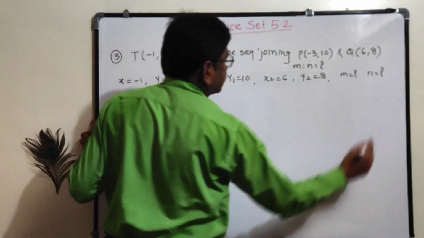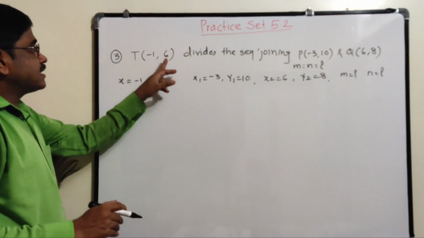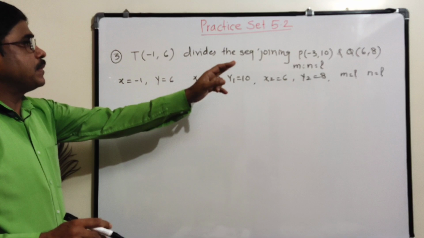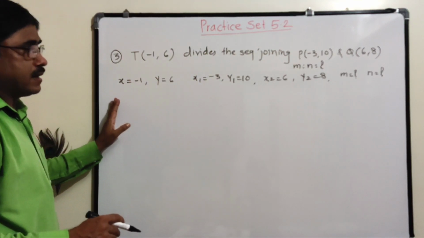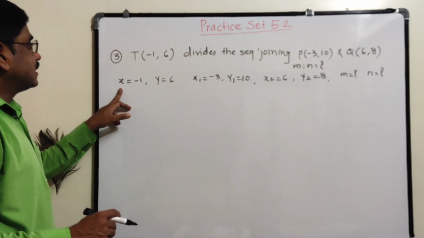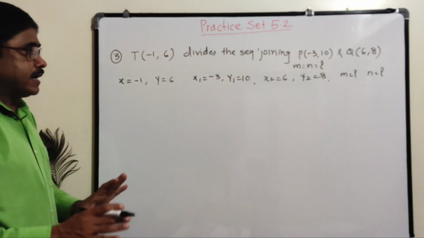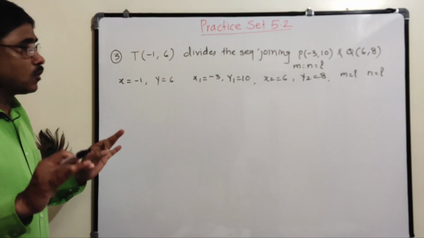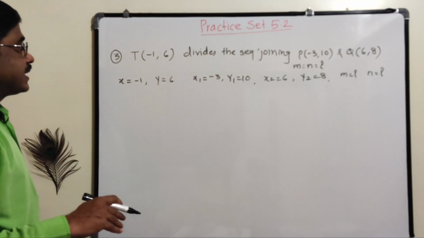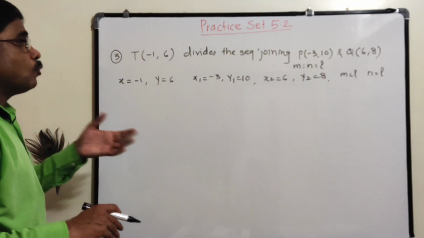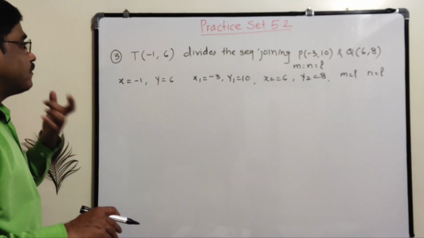So this T (-1, 6) divides the segment PQ in ratio m is to n. We have to find m and n. Either take x coordinate or y coordinate, we can take any coordinate from both. If we take x coordinate or y coordinate, we get the same values.